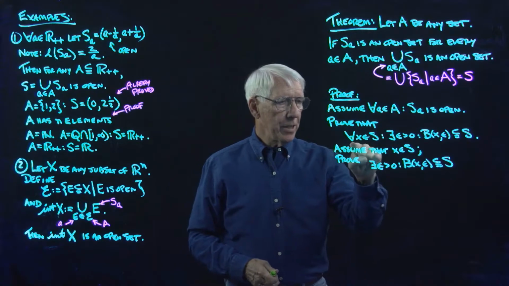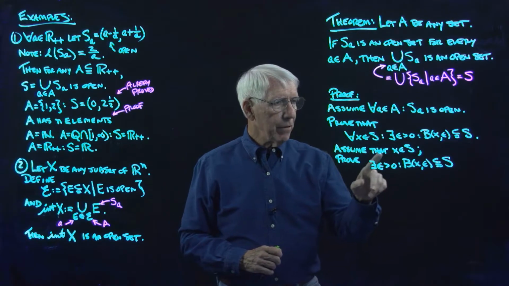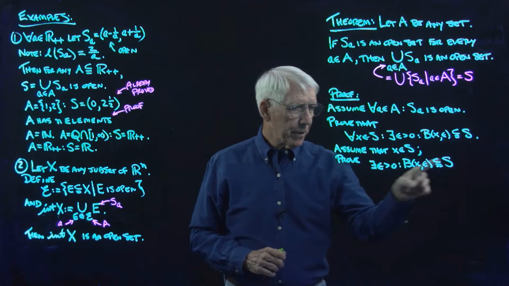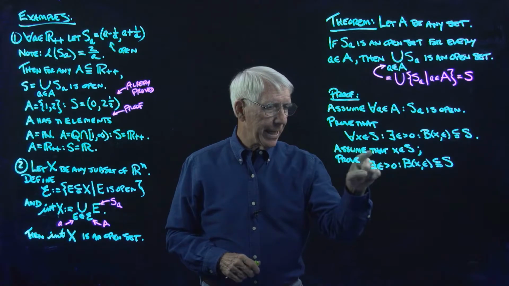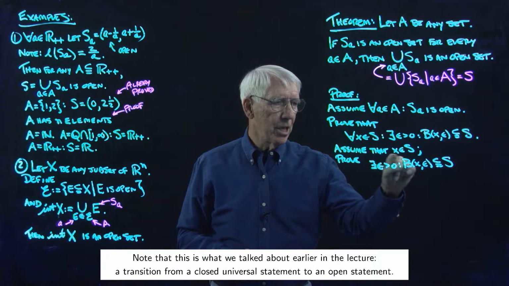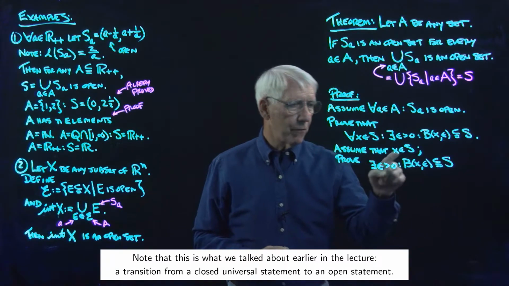We've taken this universal statement, which we need to prove, and we have turned it into an open statement with a free variable X by saying, let's pick a typical X. Let's take an arbitrary X in S, assuming that we have some X in S. We're going to prove that this is so for that X.